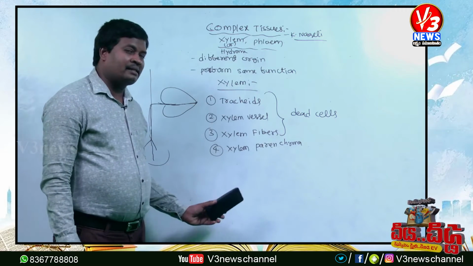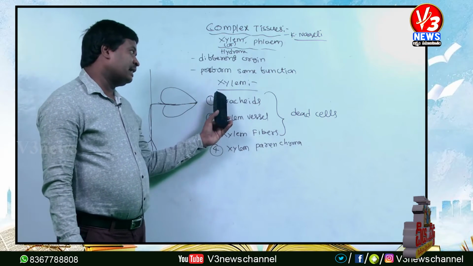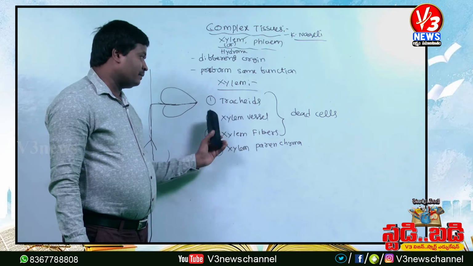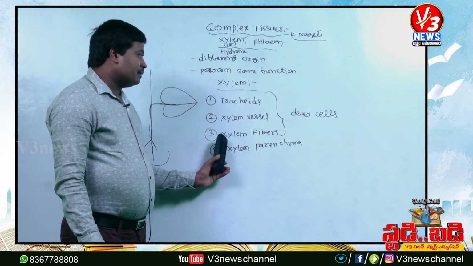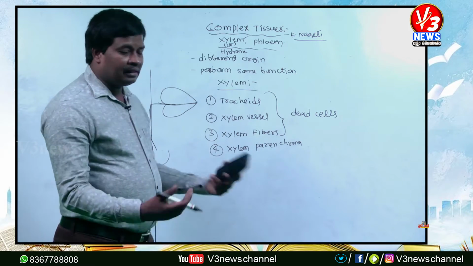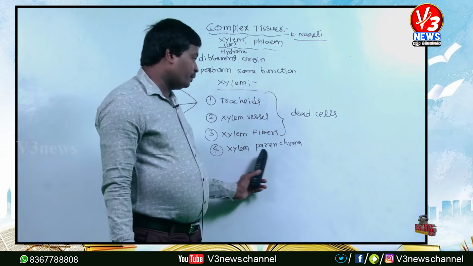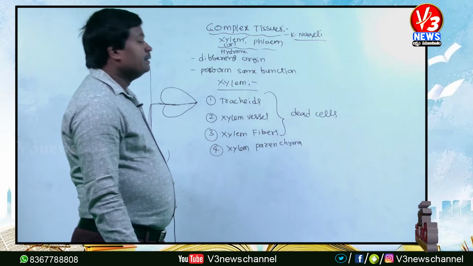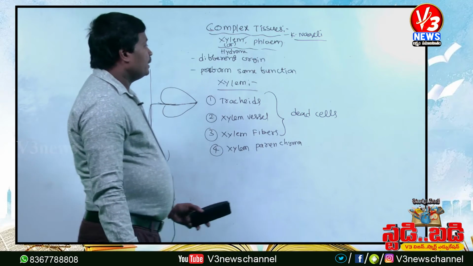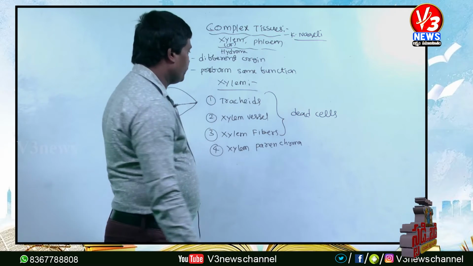There are 4 kinds of cells. Out of these 4 kinds of cells, 3 are dead cells. What are the 3 dead cells? Tracheids, xylem vessel, xylem fiber. These 3 are dead cells. But the living cells out of the 4 are called xylem parenchyma. Xylem parenchyma.